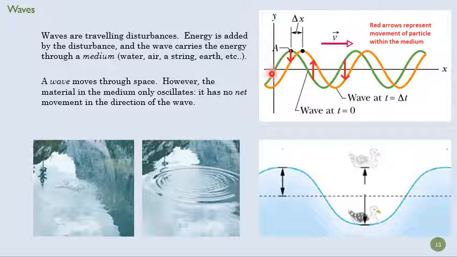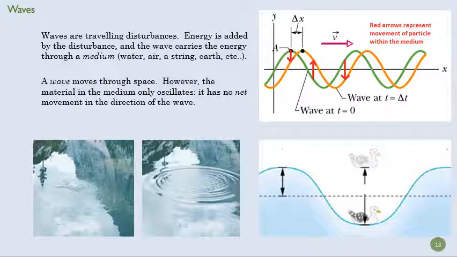So green is at t equals 0, right? This wave is moving off to the right, so the velocity of the wave is to the right. And as you would expect, a moment later at delta t, it's going to have moved a certain length off to the right here, so delta x. But what's happening to the actual material?